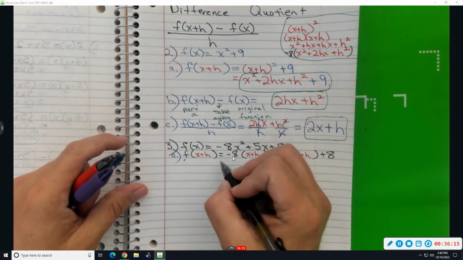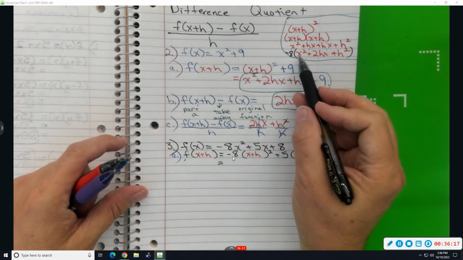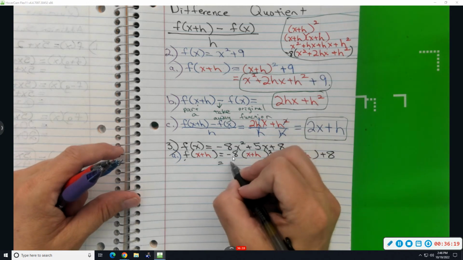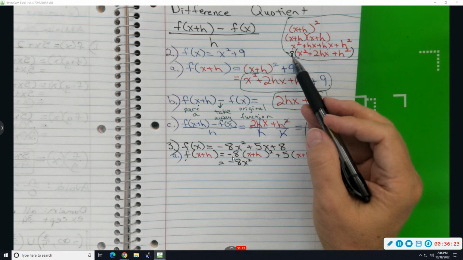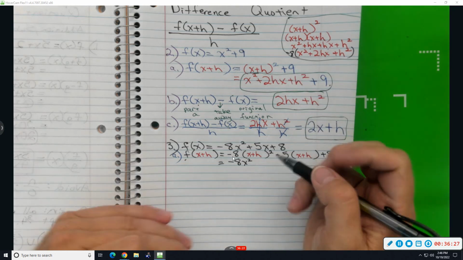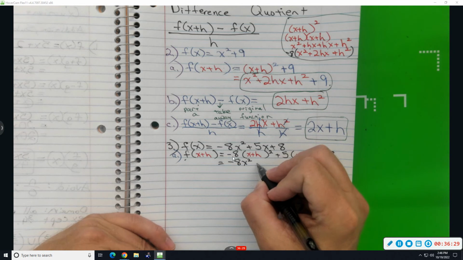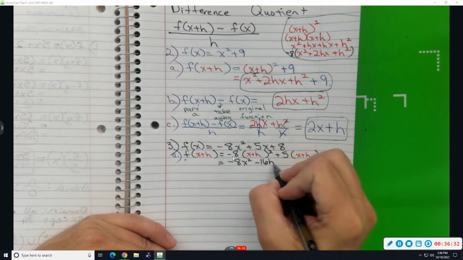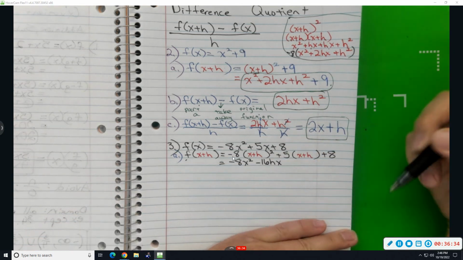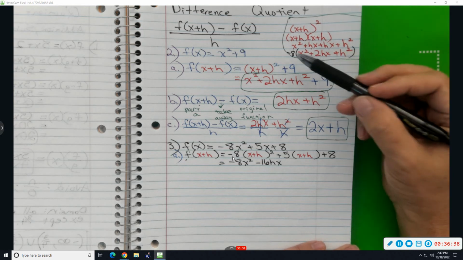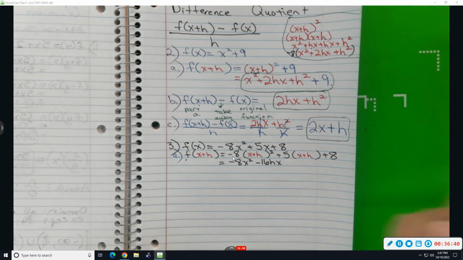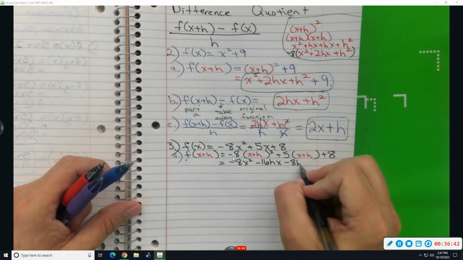So I'll get us started. Negative 8 times x squared, that's negative 8x squared. Okay, what's the next term going to be? A negative 8 times a positive 2hx. Negative 16hx. And here, okay, negative 8 times h squared is a negative 8h squared.